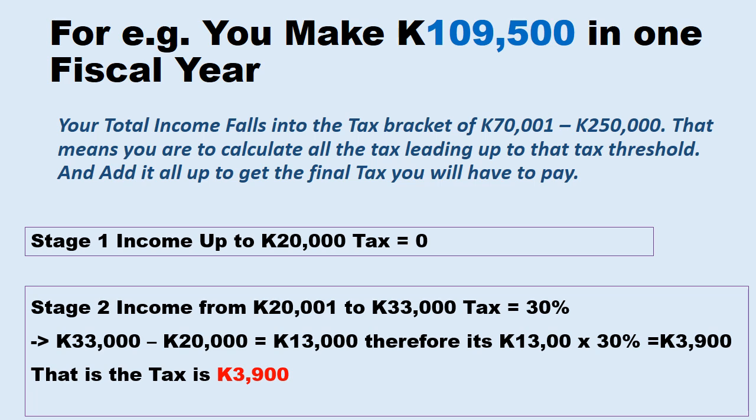But at stage two, how did they arrive at 3,900 as the tax constant? You get the upper end of the income bracket, 33,000, minus the lower end, 20K, which gives you 13,000. Then you get 30% of that, which is 3,900. We go to the next slide.